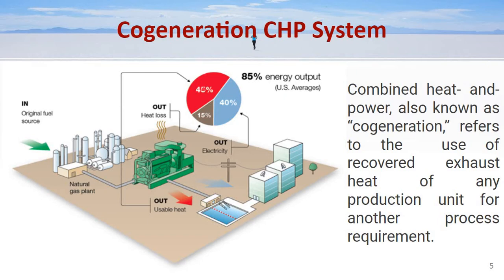If we use this 45%, the total energy output becomes 45 plus 40, 85%. So by using a cogeneration system, the energy output can be enhanced, typically from 40 to 88 to 90%.